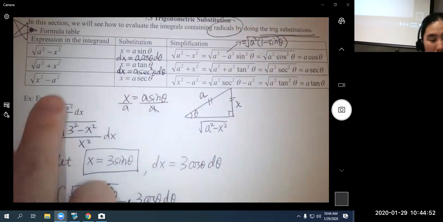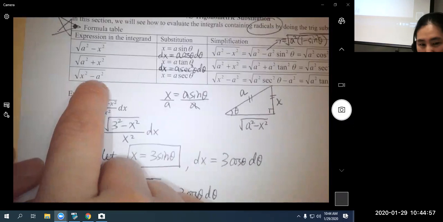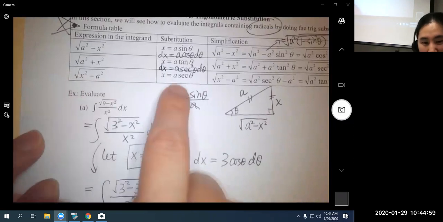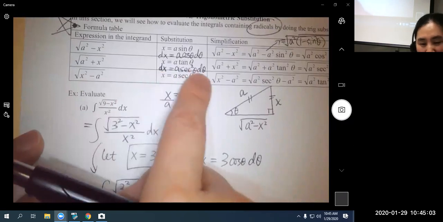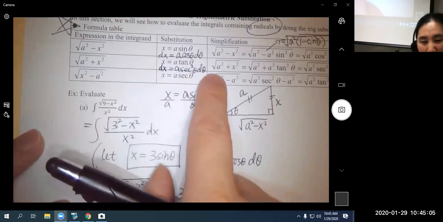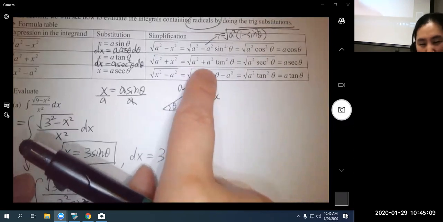Third case, it has to be x squared minus a squared. If this is the case, we use a times secant theta as a substitution. When we replace x by a times secant theta, we'll have a squared times secant theta squared.